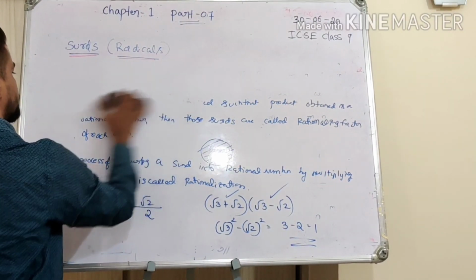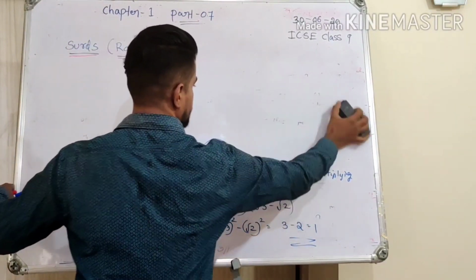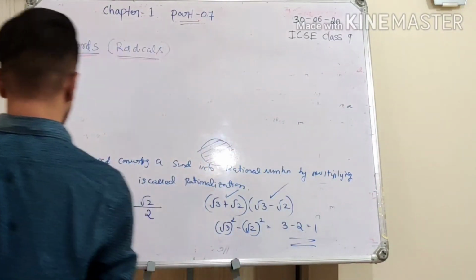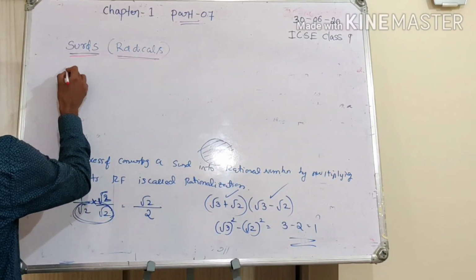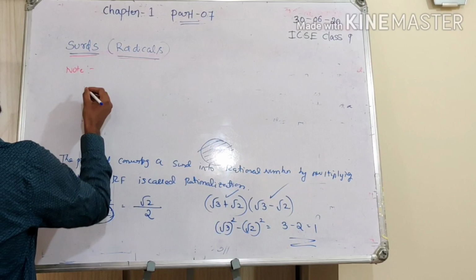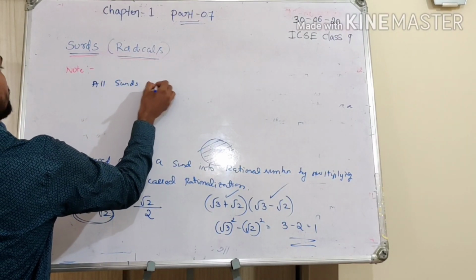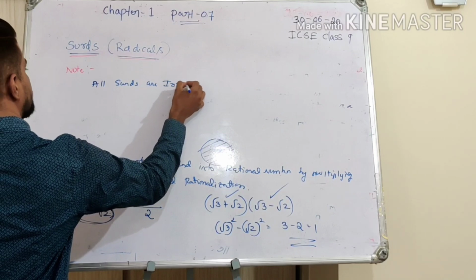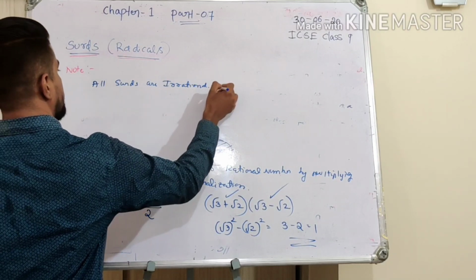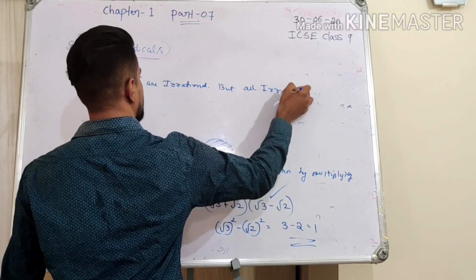And one important thing about surds, very important thing to remember and note: all surds are irrational, but all irrational numbers are not surds.